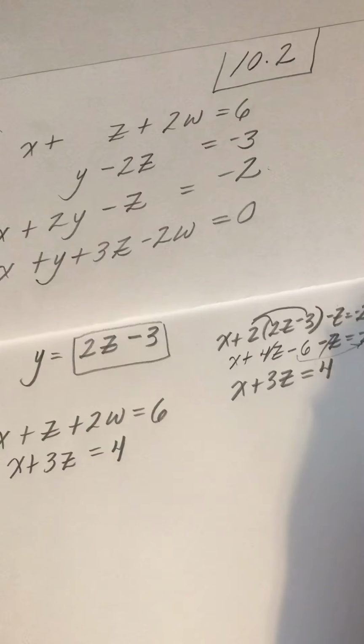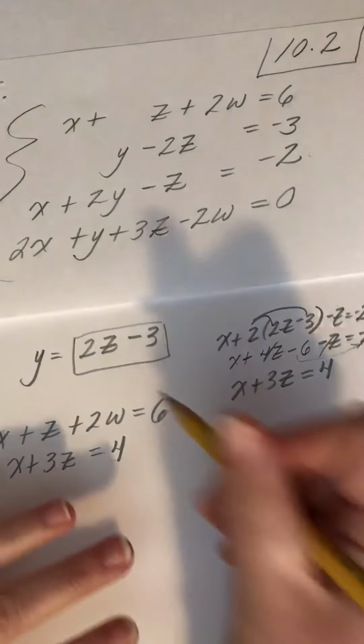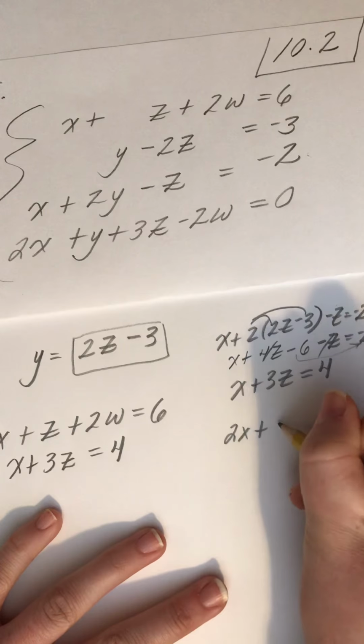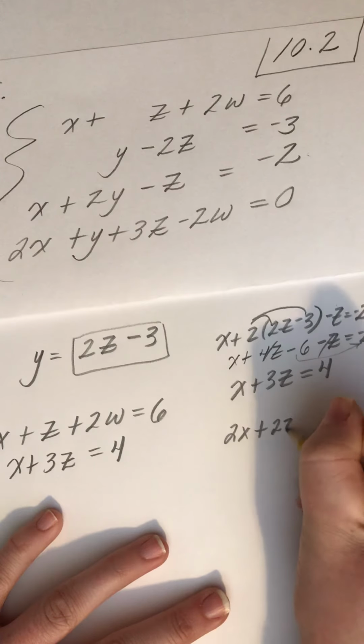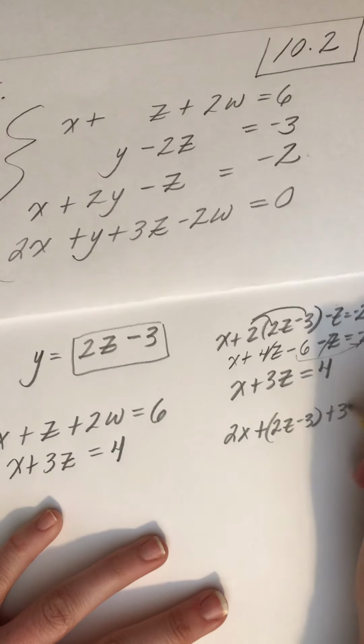Okay. Alrighty. Now let's go to the bottom equation. So if we go to the bottom equation and replace our y with this, we would have 2x plus, instead of y, we're going to write 2z minus 3, like that, and then plus 3z minus 2w equals 0.